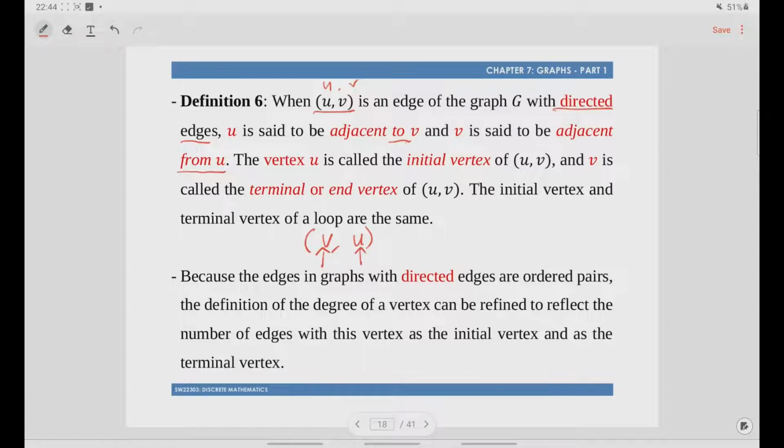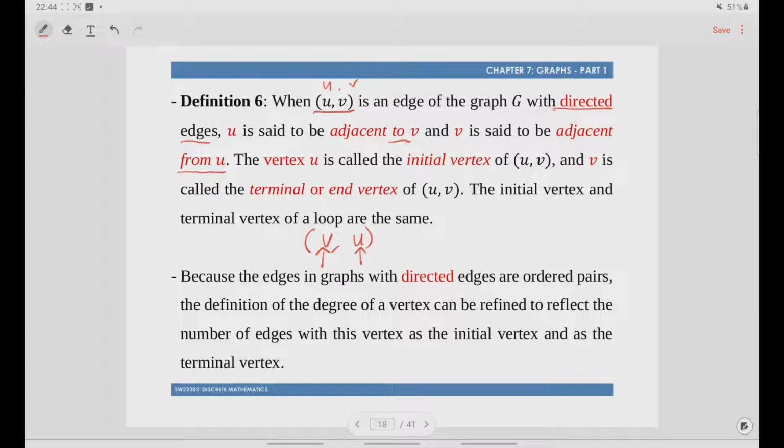Because the edges in graphs with directed edges are ordered pairs, the definition of degree of a vertex can be refined to reflect the number of edges with this vertex as the initial vertex and as the terminal vertex.